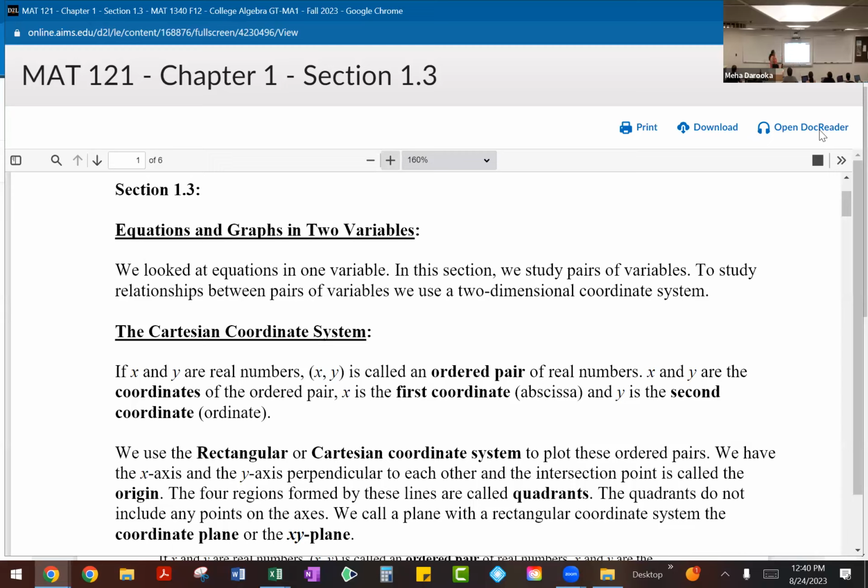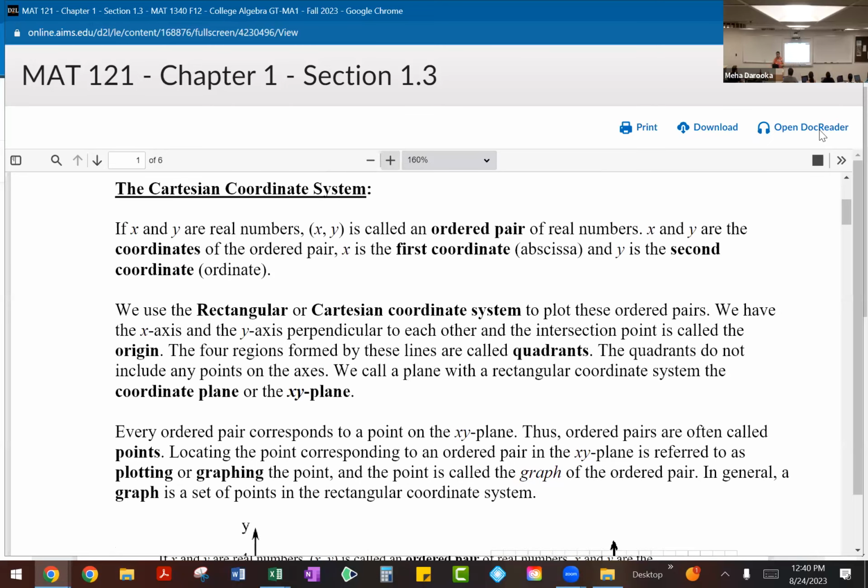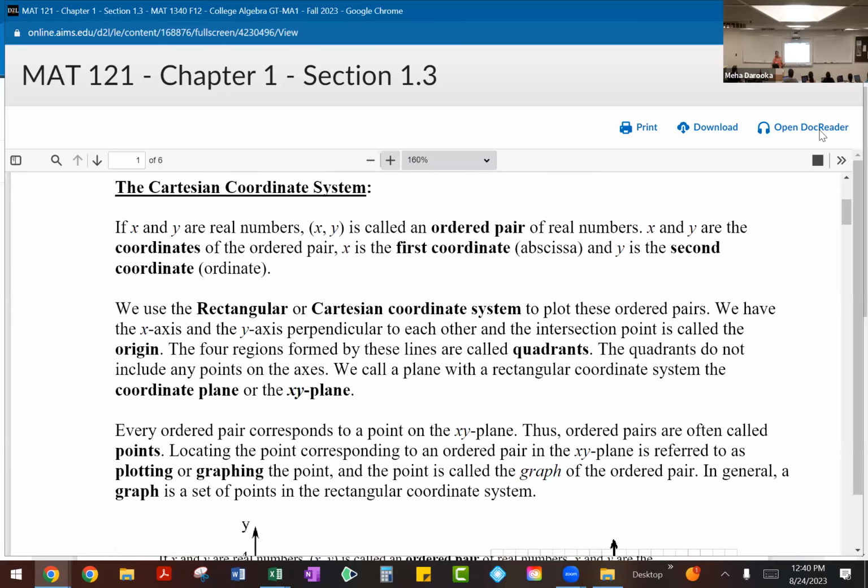So in this case, once we get into equations with two variables, we are talking about the two-dimensional coordinate system. That's where our x and y axes, or the rectangular coordinate system, or the Cartesian coordinate system comes into place. Of course, it's named after René Descartes, French mathematician and philosopher, who came up with that. So remember some terminology to get you acquainted.